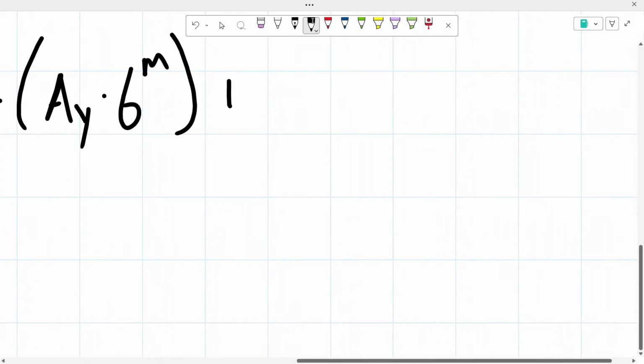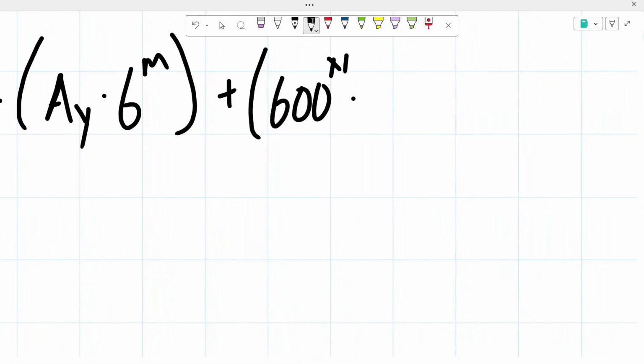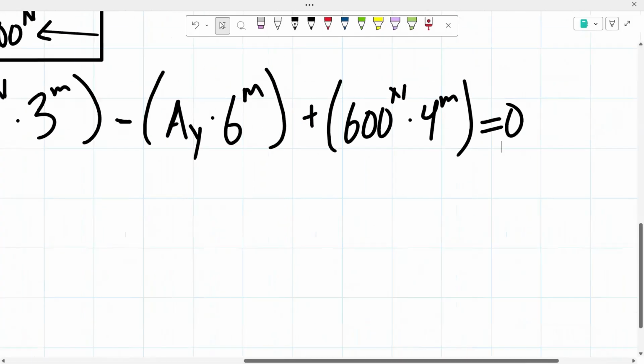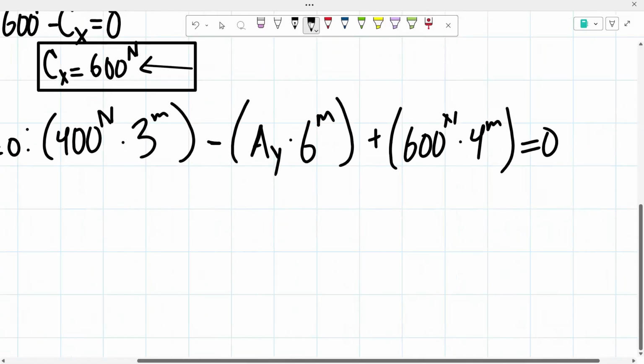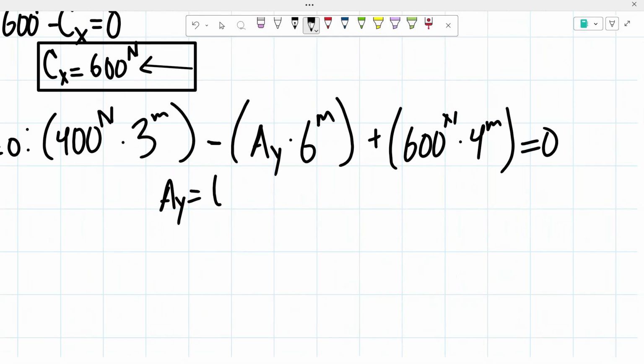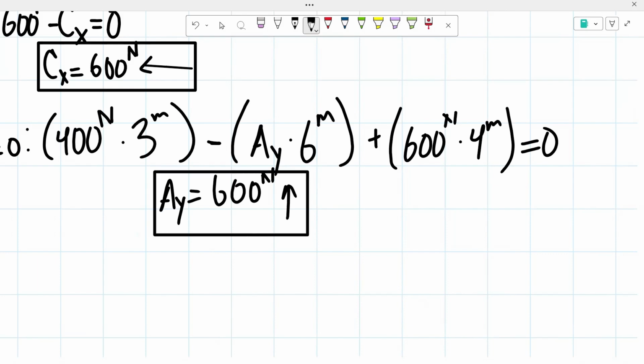So positive moment of 600 newtons times 4 meters, that has to equal 0. We solve this for A sub y. We end up getting that A sub y is equal to 600 newtons. And since we got a positive number, that means that we assumed correctly. So we do know that A sub y is going upwards.